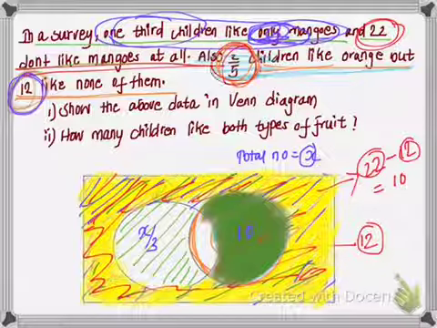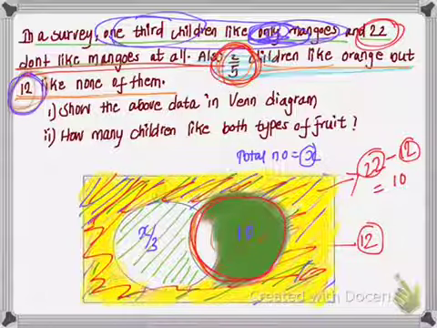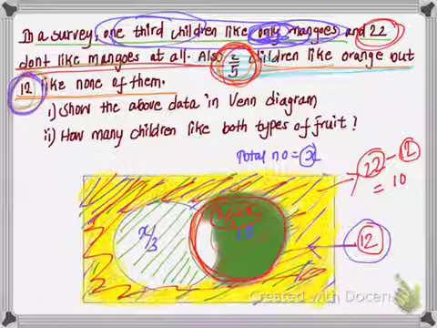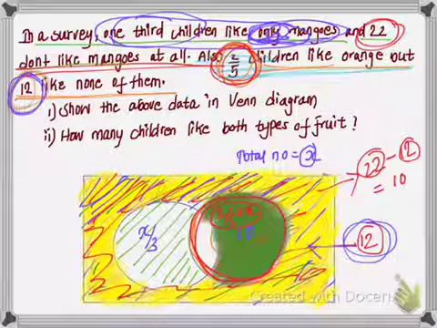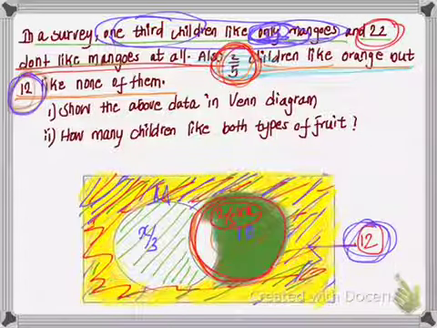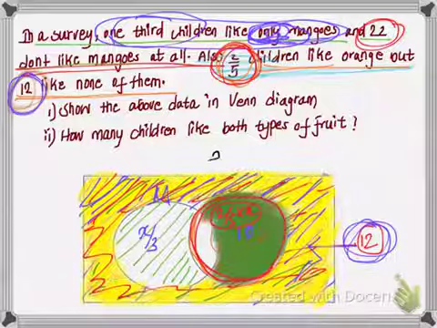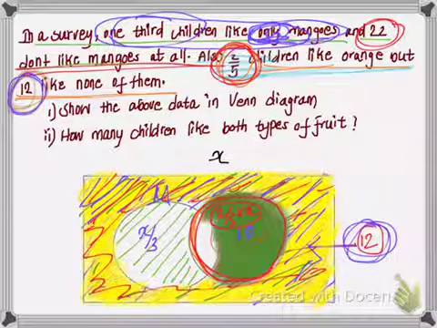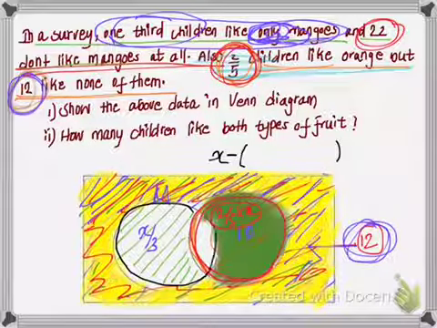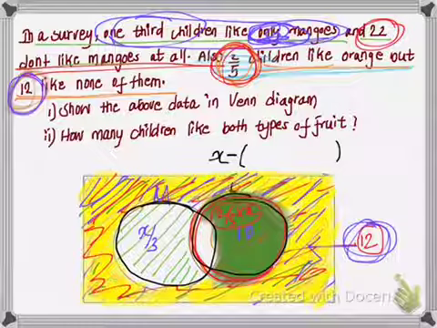Also, we know that 2/5 of children like orange, so this whole circle, the number of students who like orange, is equal to 2/5 x, 2/5 of the total number of children surveyed. And the region outside the circles, the yellow part, that is the number of students who don't like mangoes and oranges, is equal to 12. Finally, what we can do is subtract the union of mango and oranges from the total number of children surveyed.